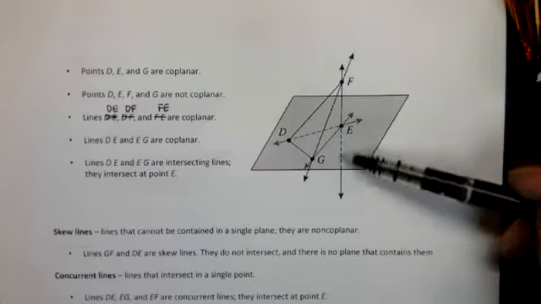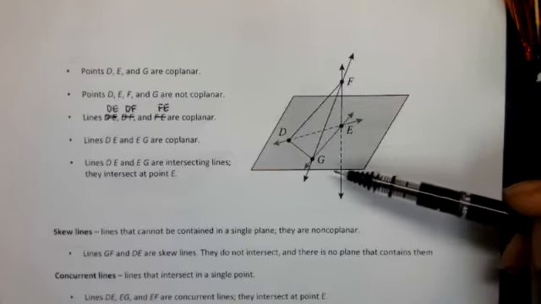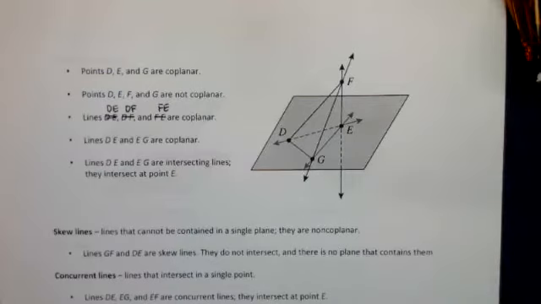I know it's hard to see in a two-dimensional way, but you can see here that lines DE, DF, and FE are considered to be coplanar because those lines are in the same plane. Okay.